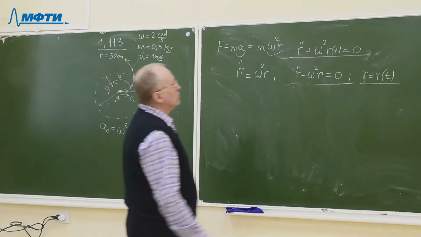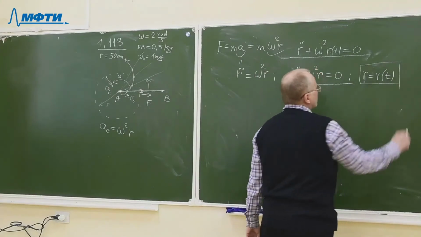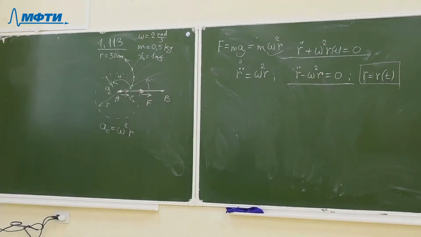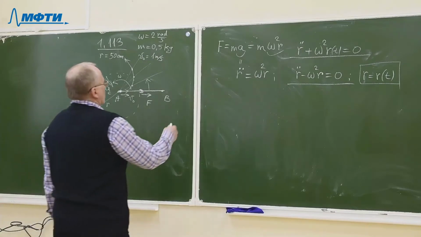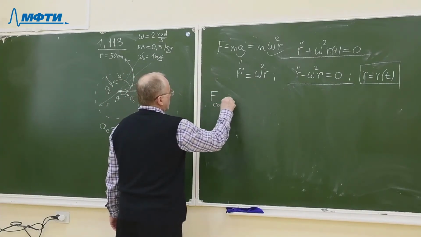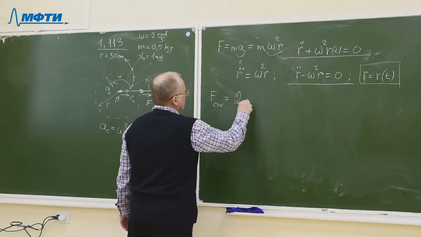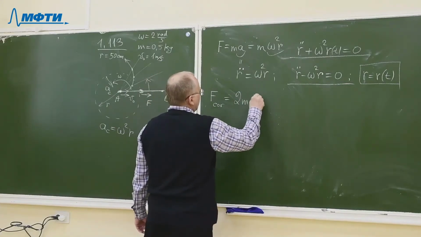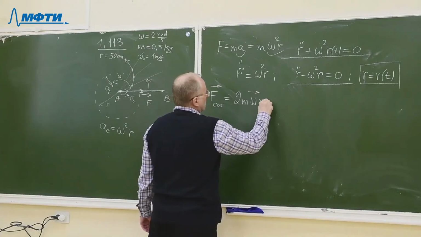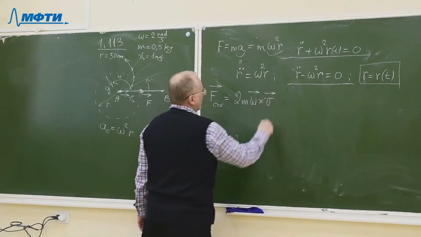But do we need to know this function? Do we need to find this function? Actually, in order to solve this problem, we don't need it, because the problem asks, what is the Coriolis force? And the Coriolis force, by definition, is 2m omega, if we consider it in vector form, omega times velocity.